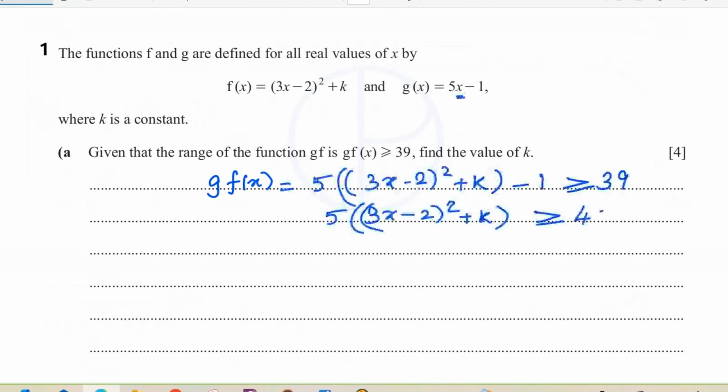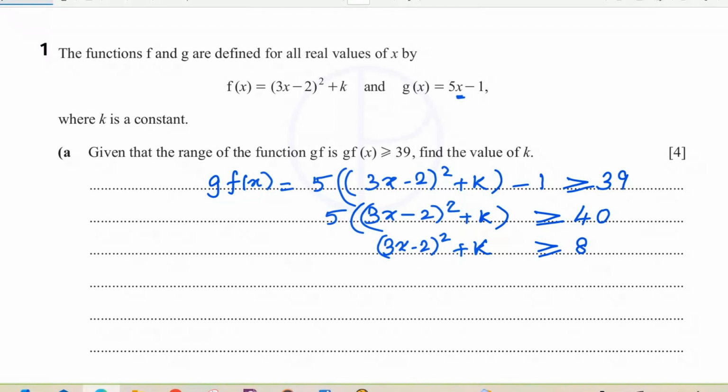Now take 5 also to the other side, so it will go as a division, 40 divided by 5, which is 8. So (3x minus 2) the whole squared plus k is greater than or equal to 8. This is in the completing the square format. So the addition of these two terms is greater than or equal to 8.